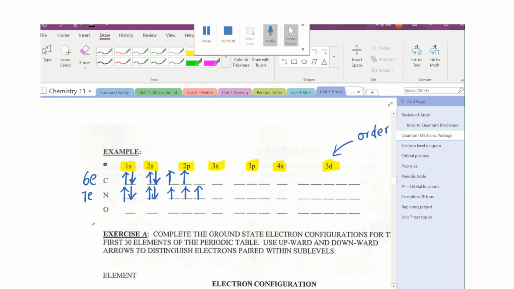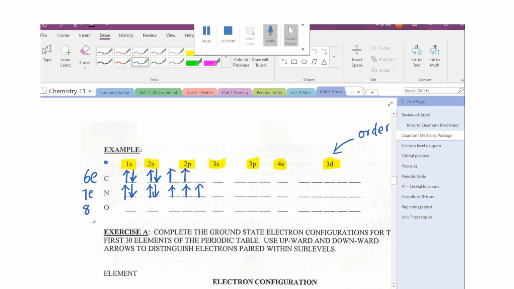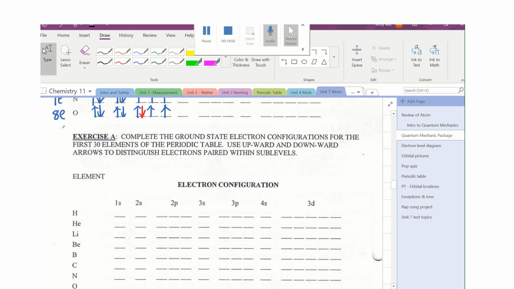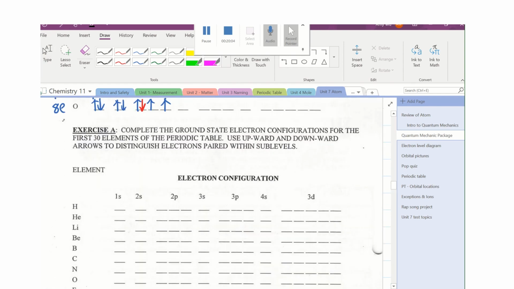Oxygen has 8 electrons, so that's just 1 more than nitrogen. That's 3 here, and the last one has to double up with the px. That's it for carbon, nitrogen, and oxygen. Here I'm going to have you do the rest of this page for homework exercise A.